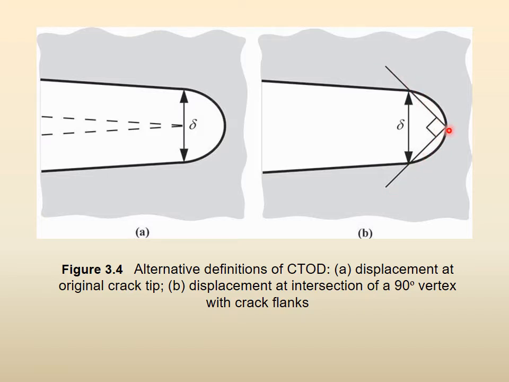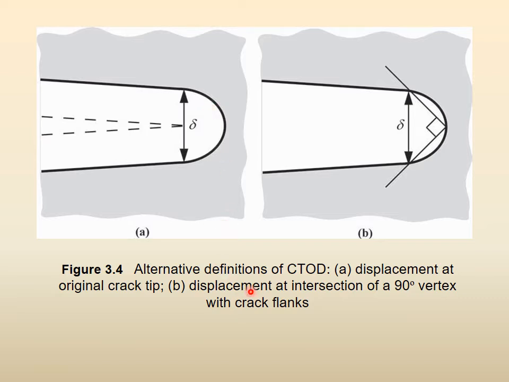Wherever this 90-degree line cuts, that is the delta. So this is the 90-degree intercept definition. Now, if this is a perfect semicircle, then this and this are the same. But if this is more like an ellipse, then this is different from that one, right?